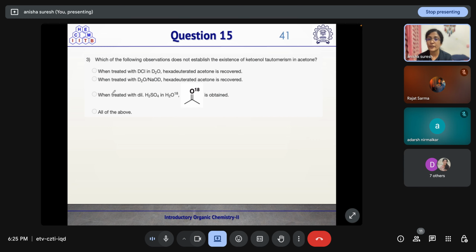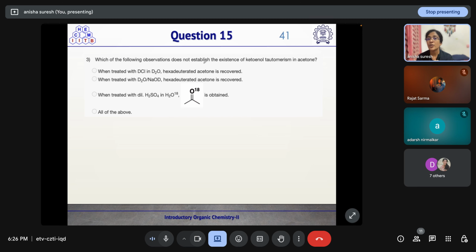Now coming to question number 15. Which of the following observations does not establish the existence of keto-enol tautomerism in acetone? When treated with DCl in D2O, hexadeuterated acetone is recovered. When treated with D2O/NaOD, hexadeuterated acetone is recovered. When treated with dilute H2SO4 in H2O labeled with oxygen 18, this compound is obtained. And all of the above. Some of these are examples that prove the existence of keto-enol tautomerism.